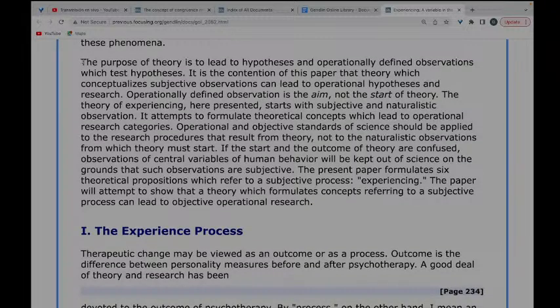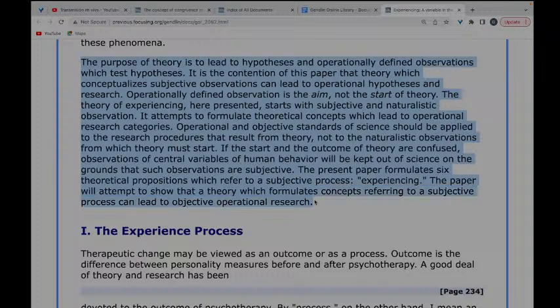I'm just going to read this again before I jump back down to where I was. The purpose of theory is to lead to hypotheses and operationally defined observations which test hypotheses.